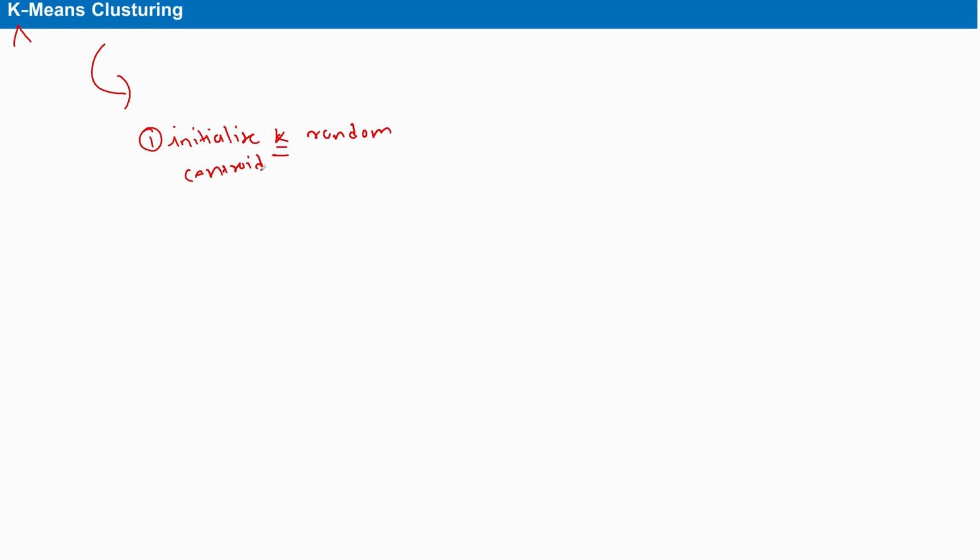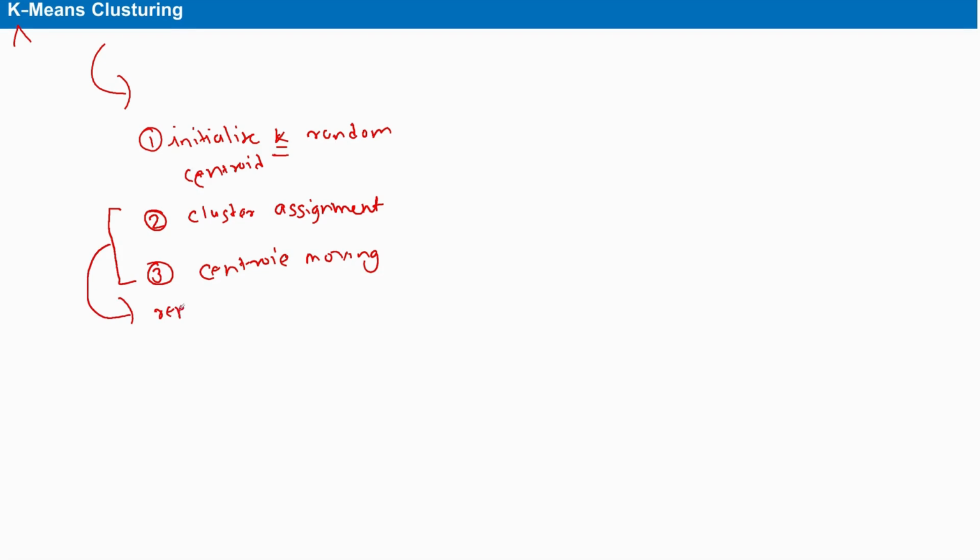The second step is the cluster assignment step. After the cluster assignment, the third step is the centroid moving step. Steps 2 and 3 are repeated steps.